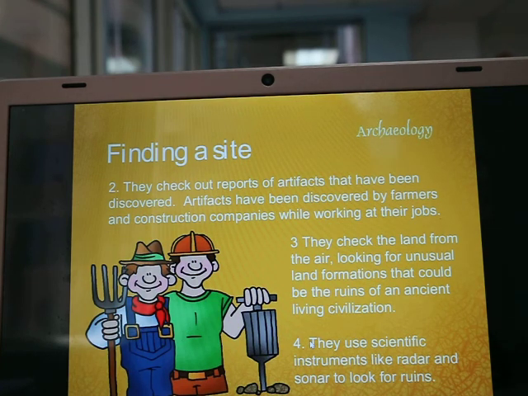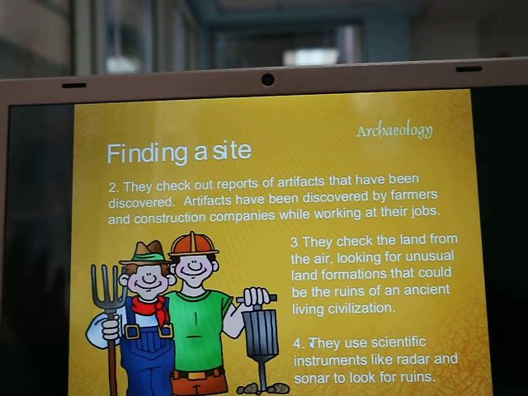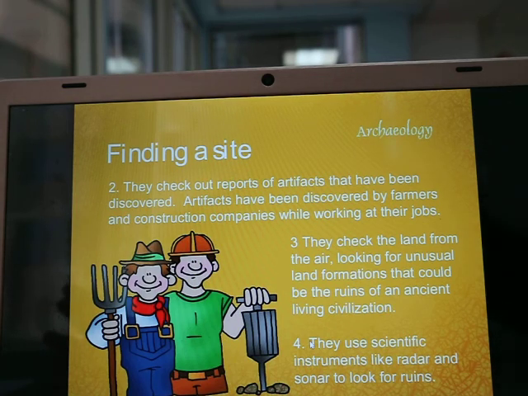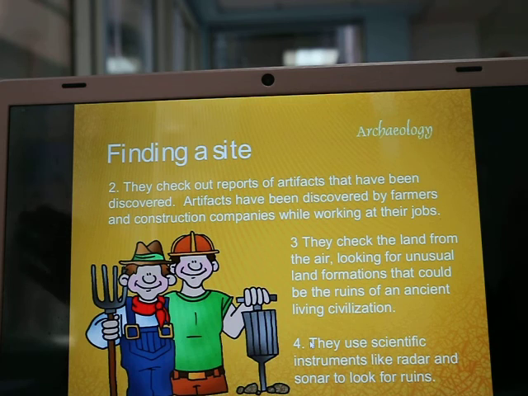So usually archaeologists go to the farmers and ask them if they found something, and also the construction companies, because as you've seen in the roads or in the cities, when they construct, they have to dig the foundation. They dig really deep so that the foundation is good, and some of them also find artifacts.